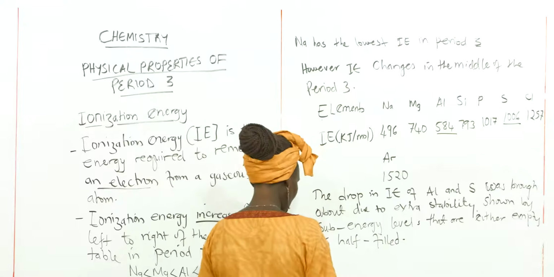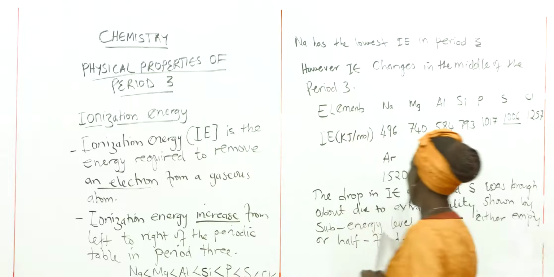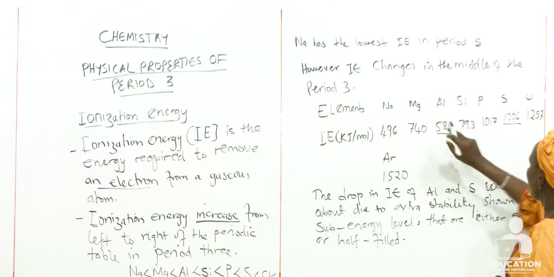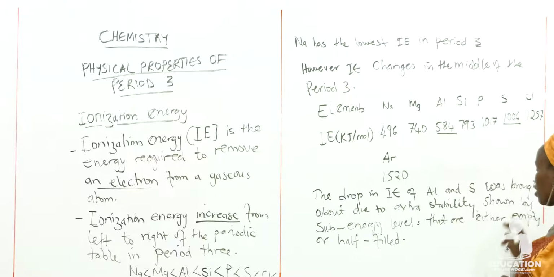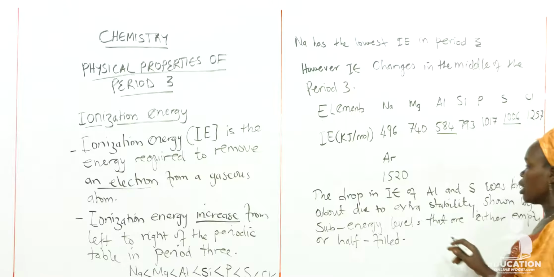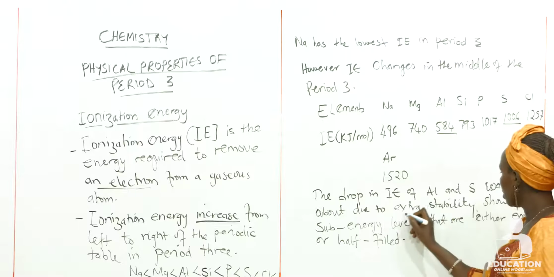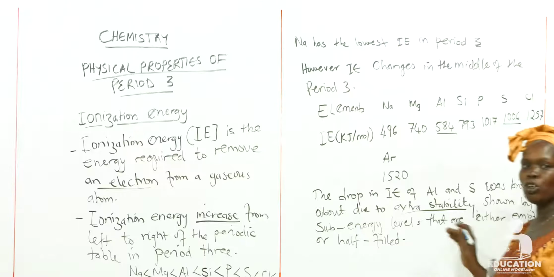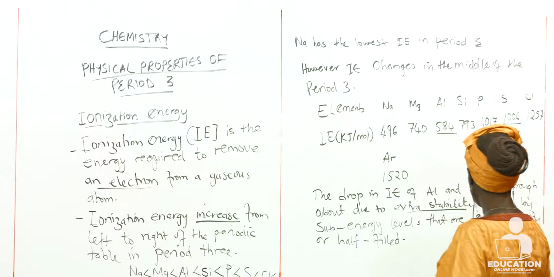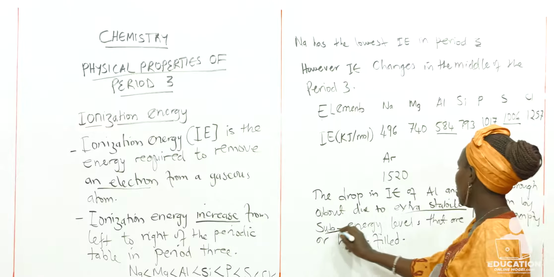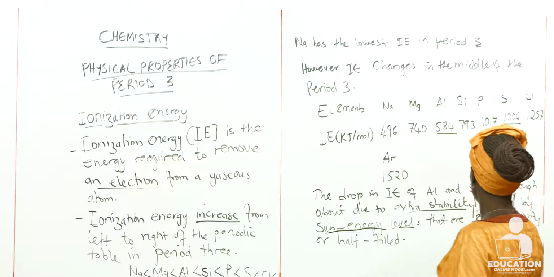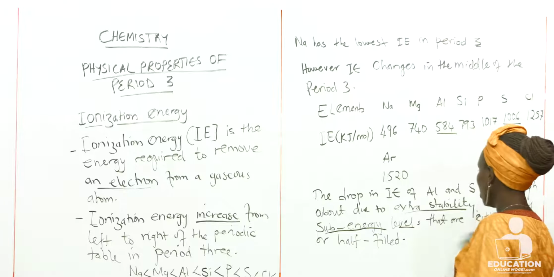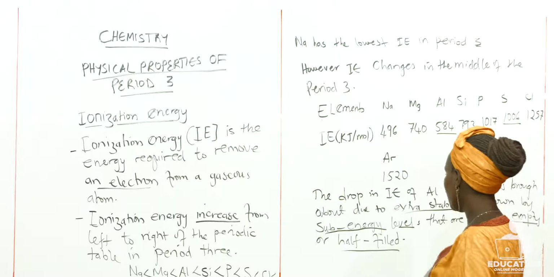Empty or half filled. So this drop in aluminium and sulfur is brought about due to the extra stability. There is extra stability shown by what? Shown by sub-energy levels, which are either empty or half filled.